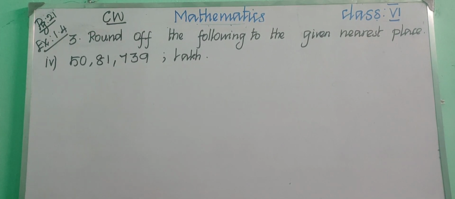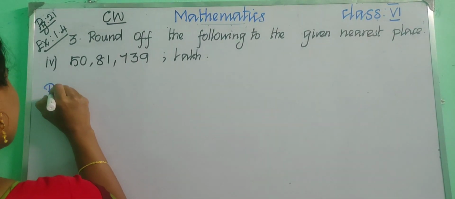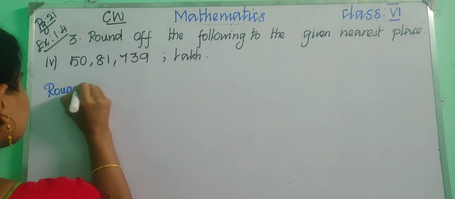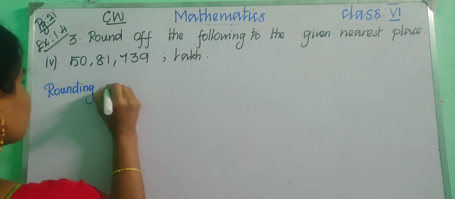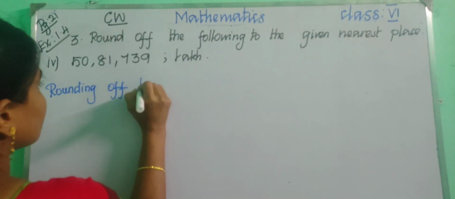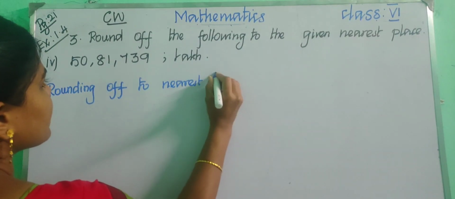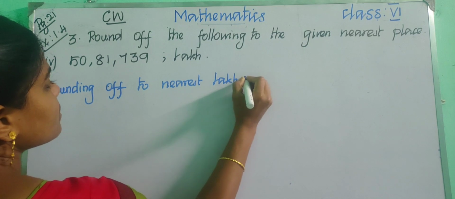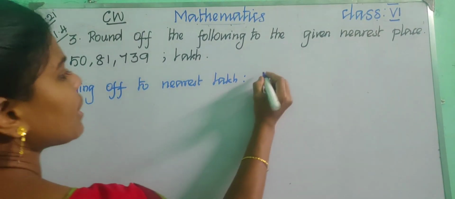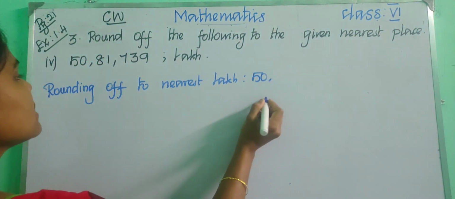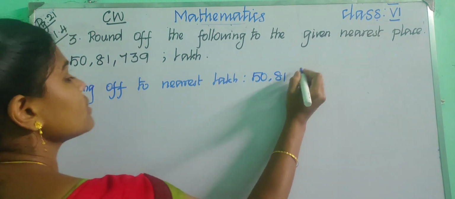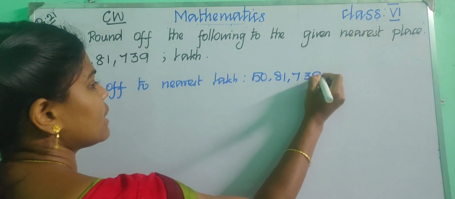So how will you round off? Let us write rounding off to nearest lakh. Just write the same number, 50 lakhs 81,739.